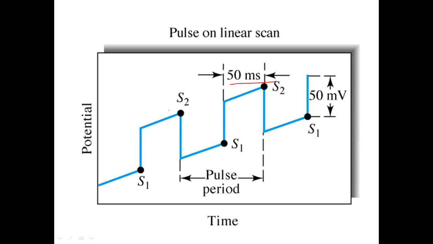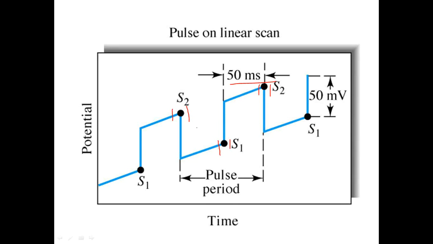The current here is also measured after 40 milliseconds, that is at the end of the drop life. So before the pulse is applied, a current is measured, and at the end of the drop life, the current is measured, right? The difference between these two currents is used for a plot. That's why it is called differential pulse polarography, right?